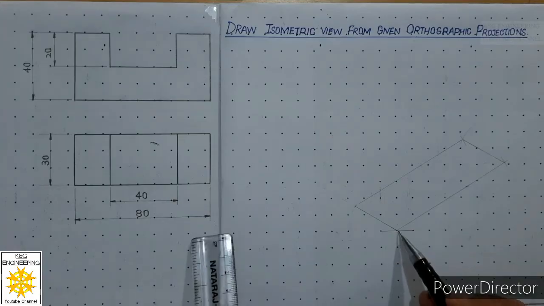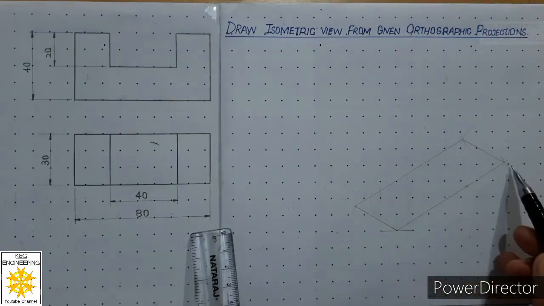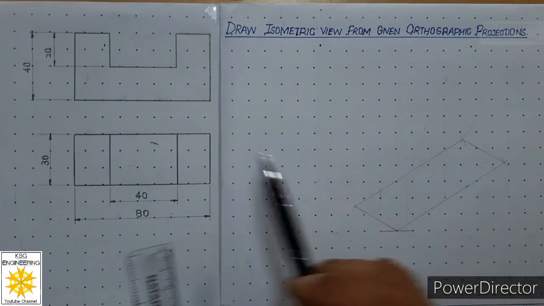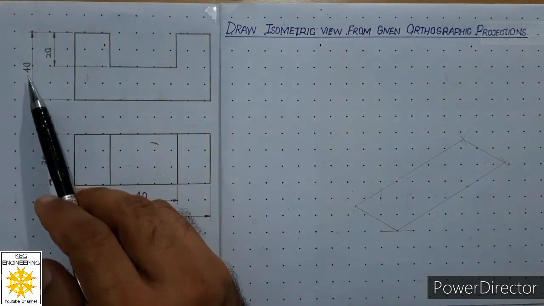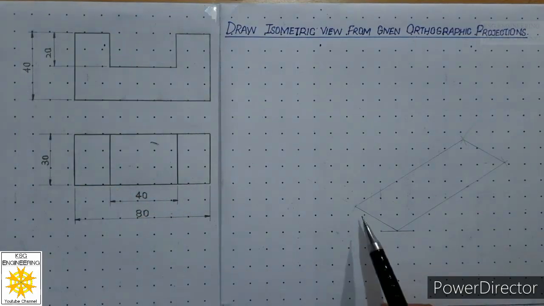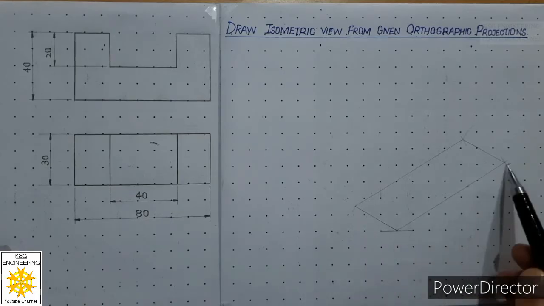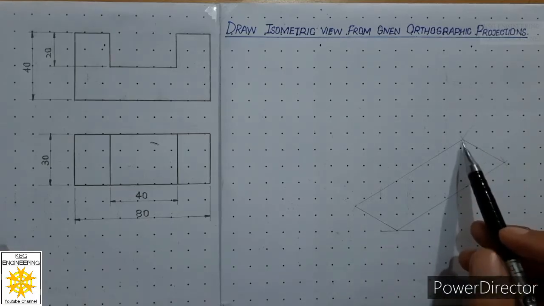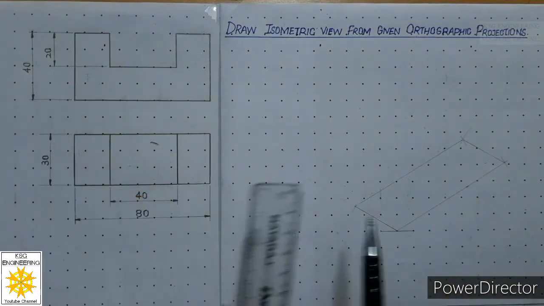Now we will raise the 4 corners of this isometric equal to the height of the object given to us. So that is 40 mm. So we will draw continuous thin lines, vertical lines at these 4 corners, and the height of those lines will be 40 millimeters.